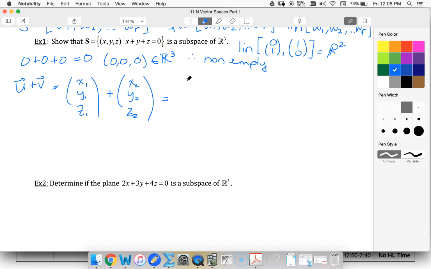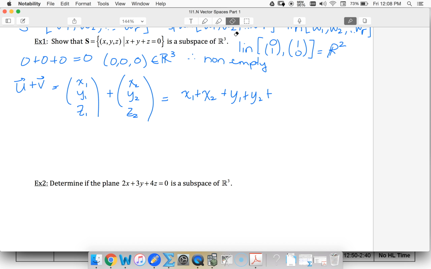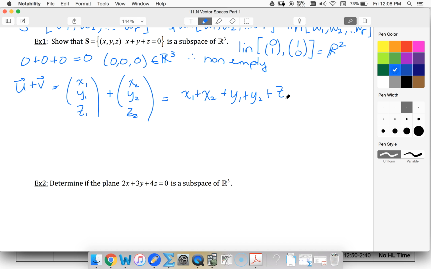So we would need then our new values, x1 plus x2, y1 plus y2, z1 plus z2, to be equal to 0.